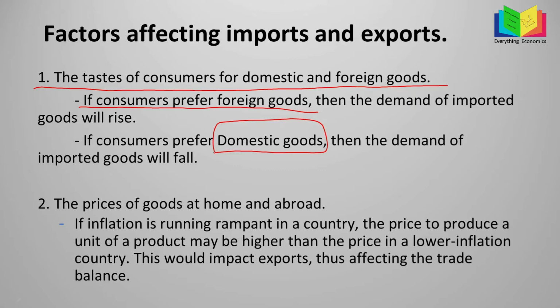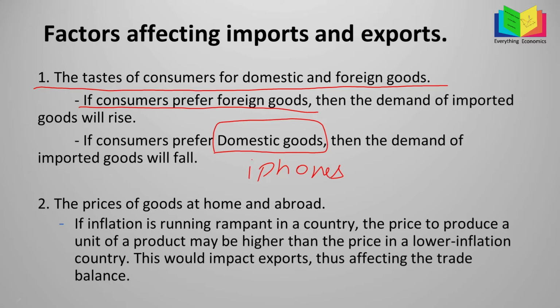However, if the consumers prefer domestic goods, like in the case of the United States, we have a classic example of iPhones. Many people in the United States purchase iPhones, right? So, in that case, the demand for Chinese cell phones will decrease if consumers prefer the cell phones produced in the United States.